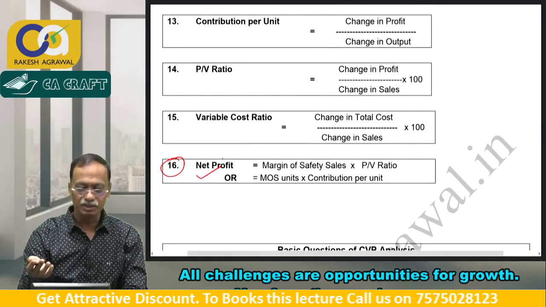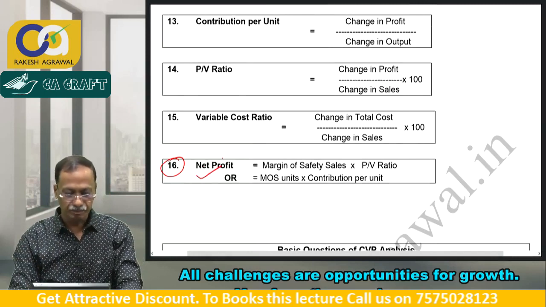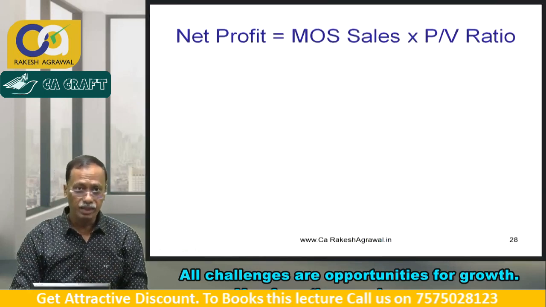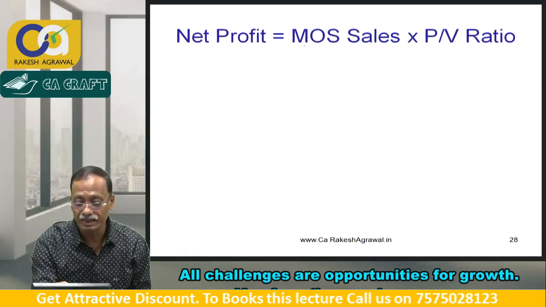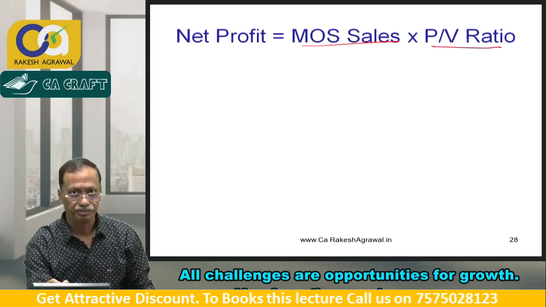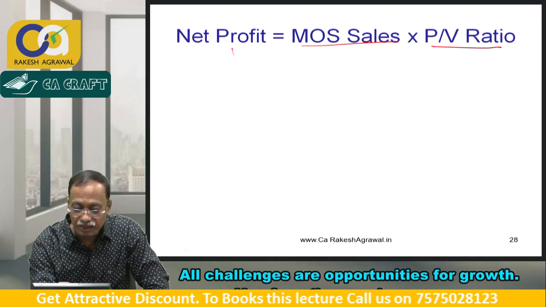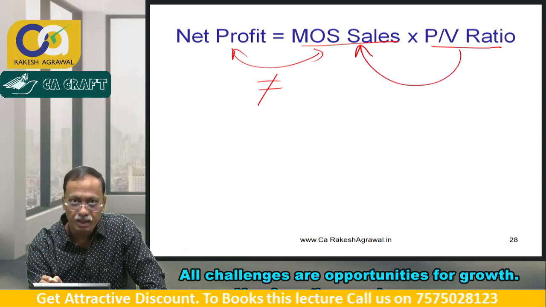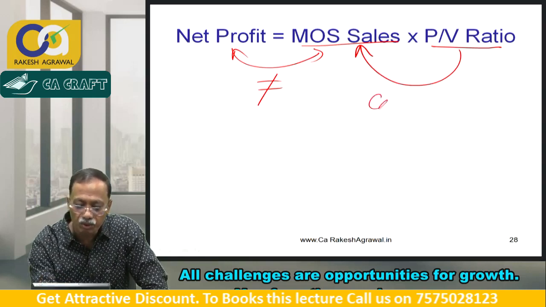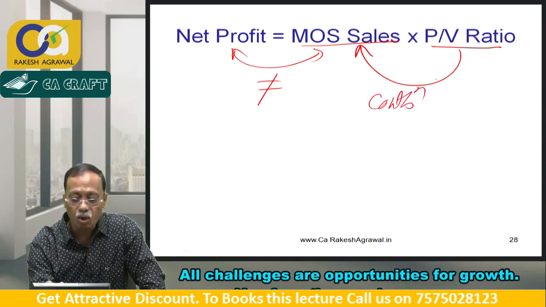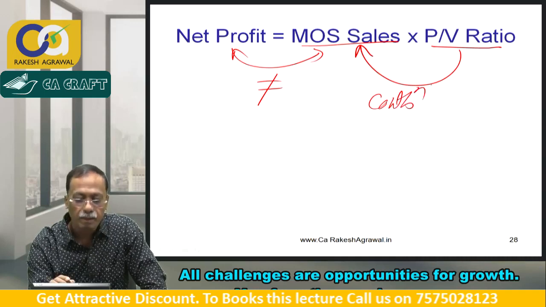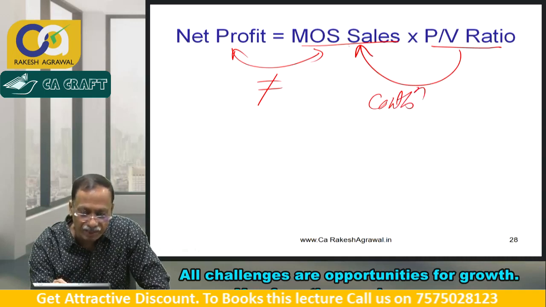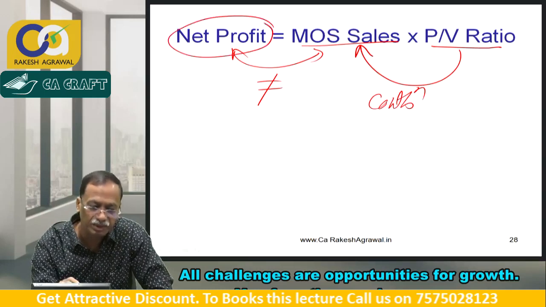I'm just explaining the logic. Formulas are already printed. Okay, net profit is equal to margin of safety sales into PV ratio. I was telling you net profit is not equal to margin of safety sales. If you multiply sales with PV ratio, you will get contribution. So I can say the contribution earned by margin of safety sales results in net profit.